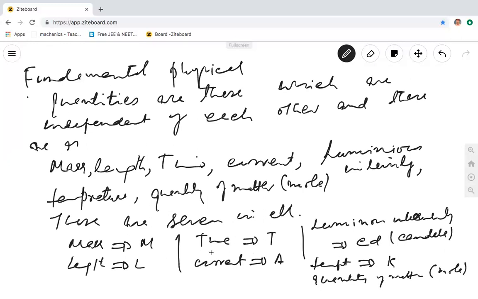These are all 7 physical quantities which are fundamental.